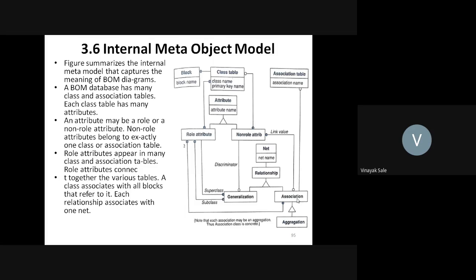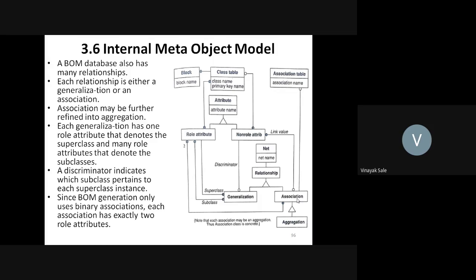Each membership associates with one net. So a bill of material database also has many relationships. Each relationship is either a generalization or an association.